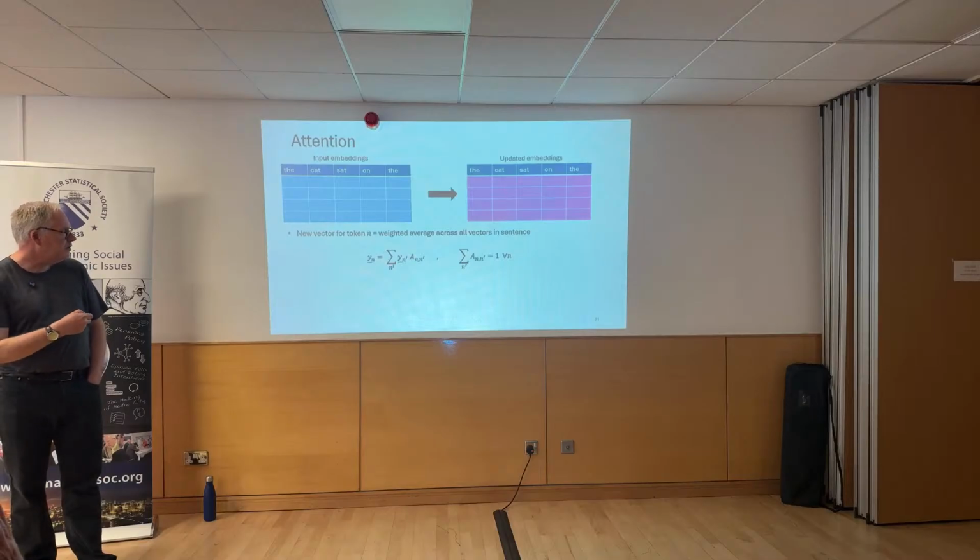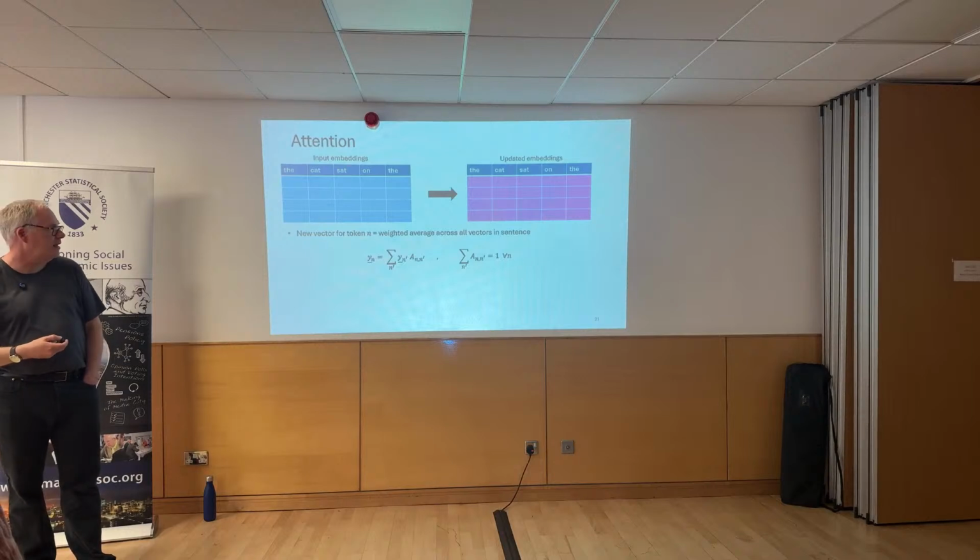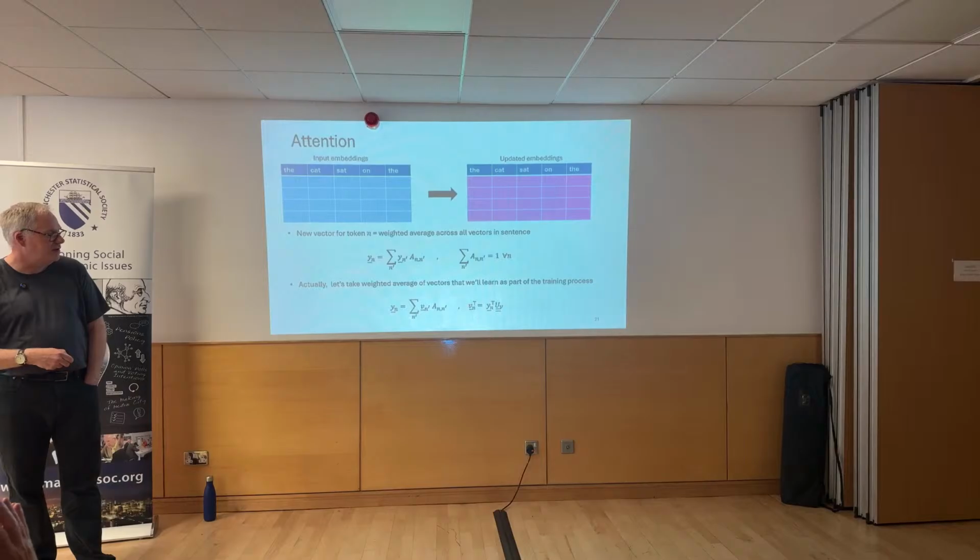How could I transform my starting input vectors before I take a weighted average of them? What's the simplest thing I could do? Well, the simplest transformation I can use is just a linear transformation. So that's what I'm going to do. I'm going to take my starting vectors and take a linear transformation of them. This gives me some new vectors v, and it's actually the v vectors that I take a weighted average of. Okay. My linear transformation is just represented by a matrix.